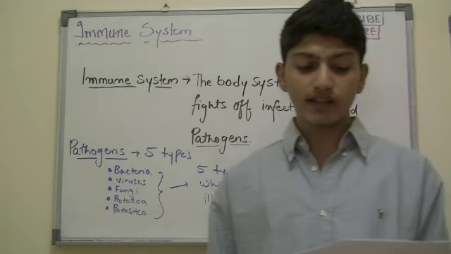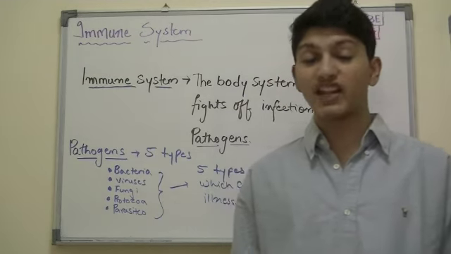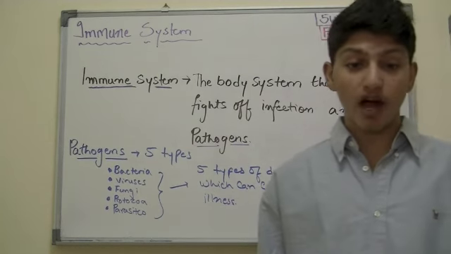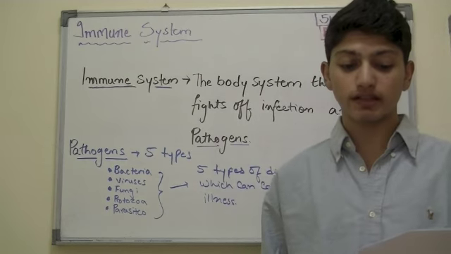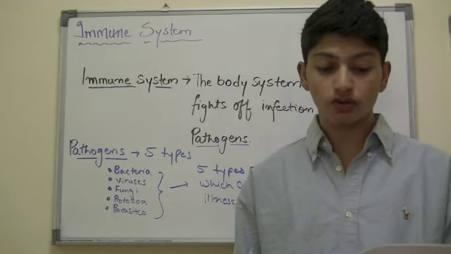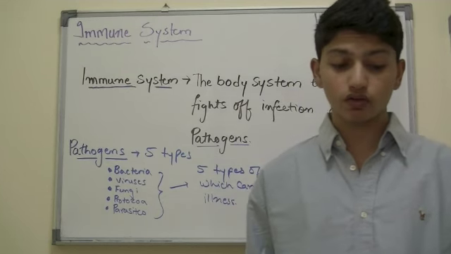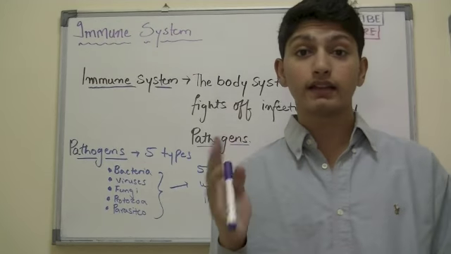Now, even with the skin and mucous membrane protecting you, some pathogens still get into the body. Once pathogens are inside, the immune system relies on the circulatory system to send chemical signals to coordinate the attack between the pathogens and the cells.